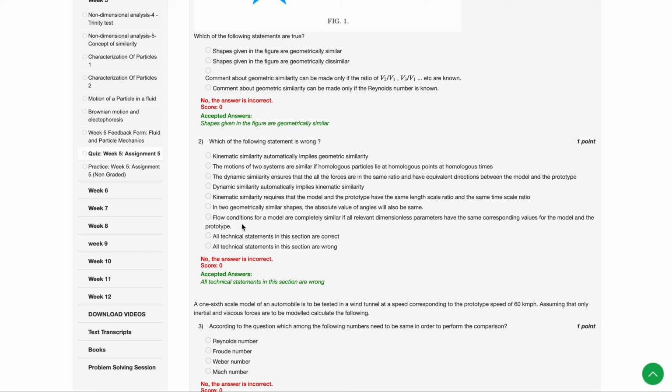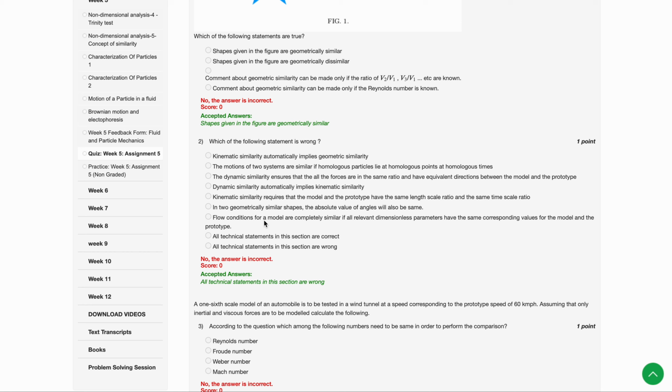Yes, the flow conditions for a model are completely similar if all relevant dimensionless parameters have the same corresponding value for the model and the prototype. So the non-dimensional numbers representing the geometries of the prototype and the model should be the same.